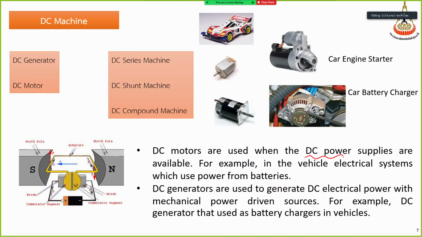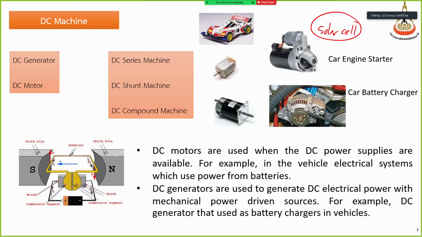So in the vehicle electrical system we have DC source from the battery, so it's no problem. Or DC may be generated from photovoltaic or solar cells.